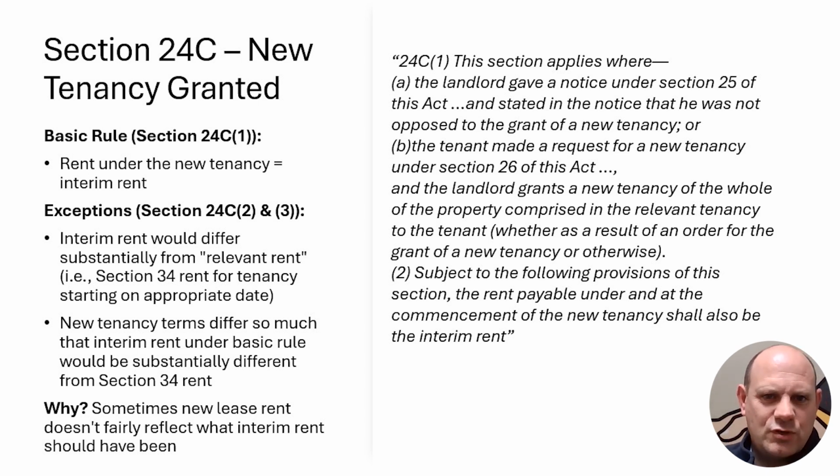And the second exception applies where either party satisfies the court that the terms of the new tenancy differ from the terms of the existing tenancy to such an extent that the interim rent under the basic rule would be substantially different from the Section 34 rent. Now, these exceptions recognise that sometimes the rent for the new tenancy doesn't fairly reflect what the interim rent should have been.